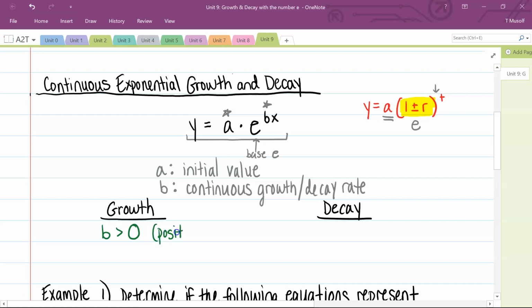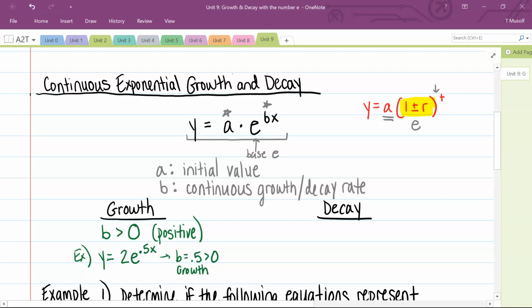For example, if I had an equation that looked something like this, because B is 0.5, and that's greater than 0, I know that that's growth.